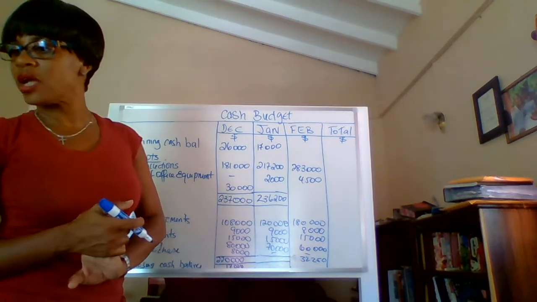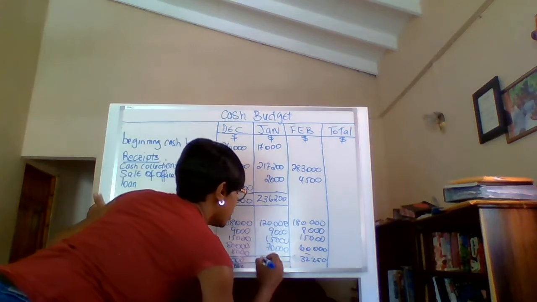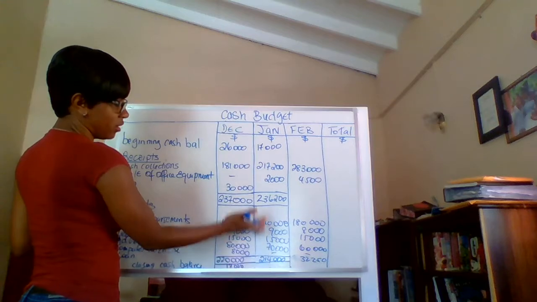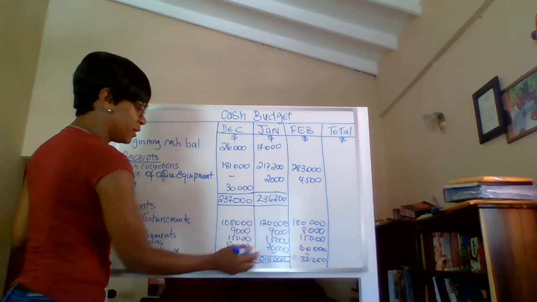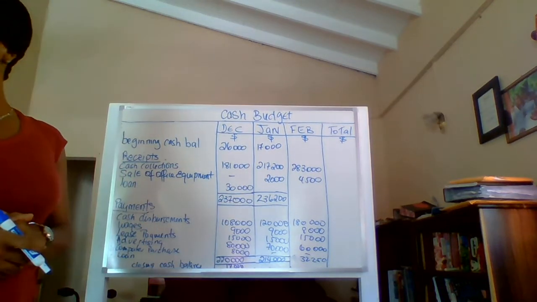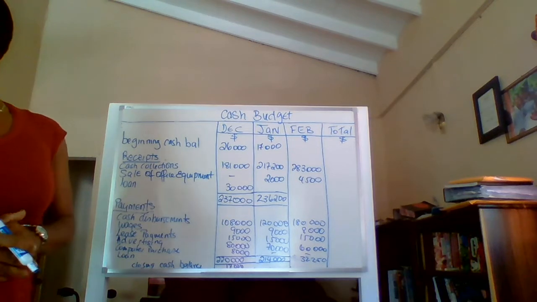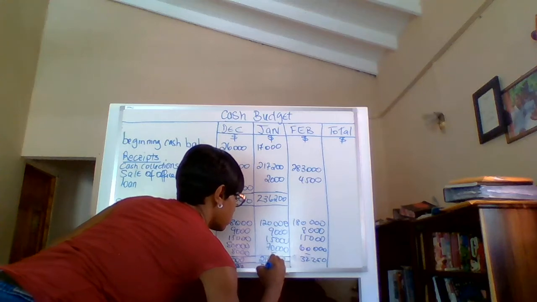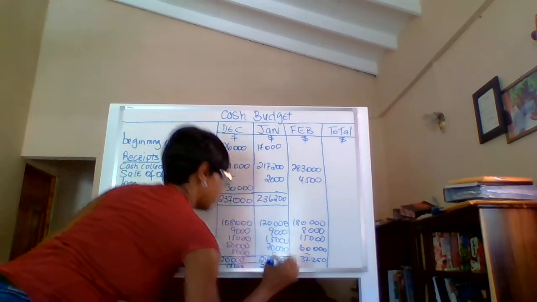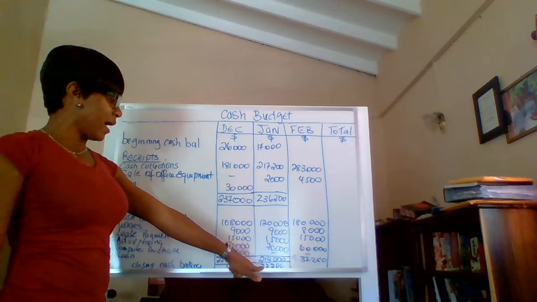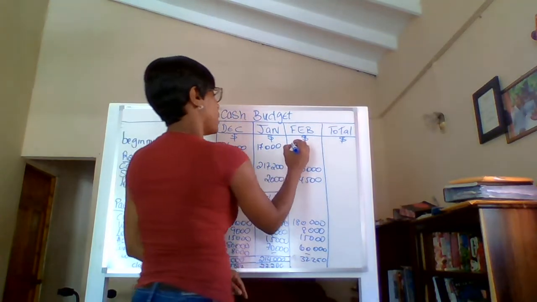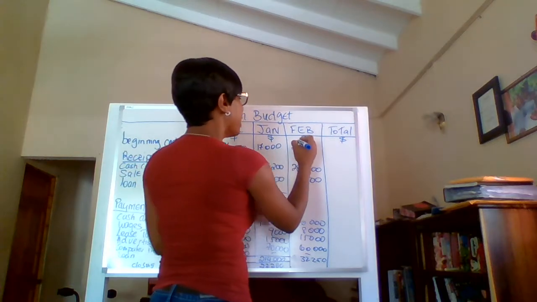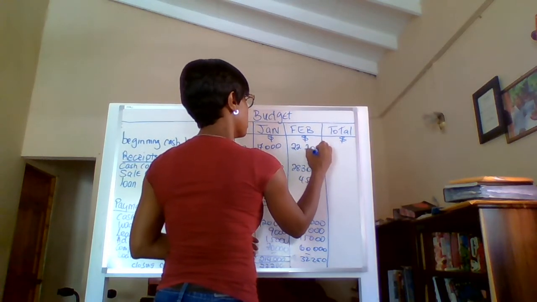Total payments in January amounted to $214,000. So if you subtract $214,000 from your total receipts, you have a closing cash balance in January of $22,200. Your closing cash balance in January becomes your opening cash balance in February.